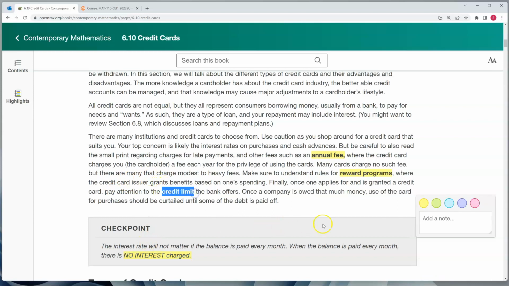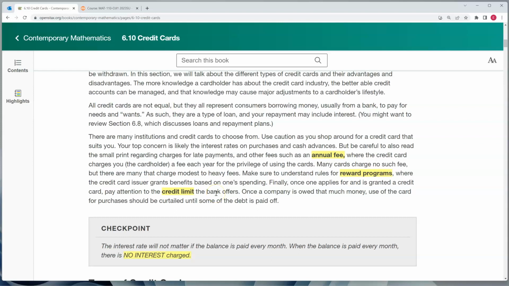The other thing about credit cards is they do have a limit. It's called the credit limit that is offered. If you're getting a credit card for the very first time, it could be as low as $500. It could be as high as $20,000. And if you're working with a business and you have a business credit card, it could be as high as $100,000, maybe even $1 million for some businesses.